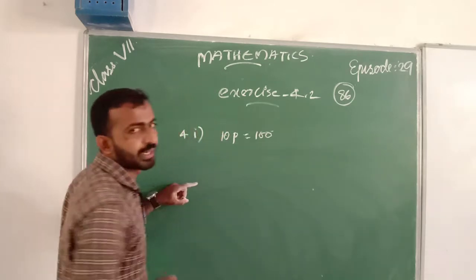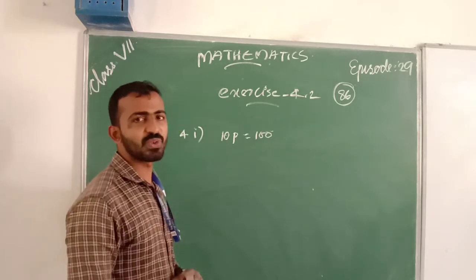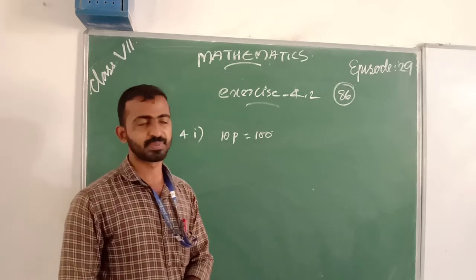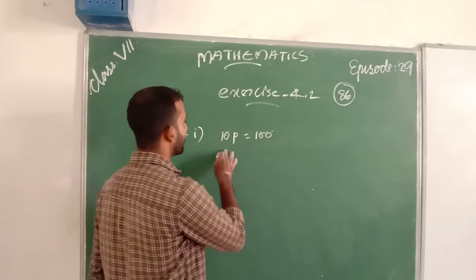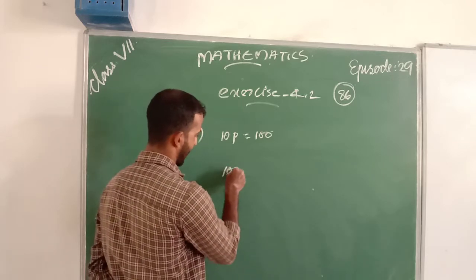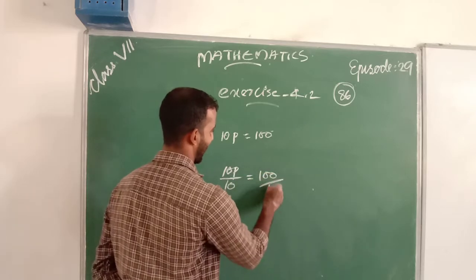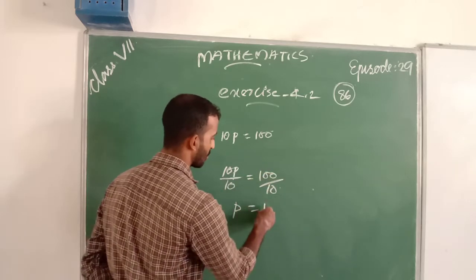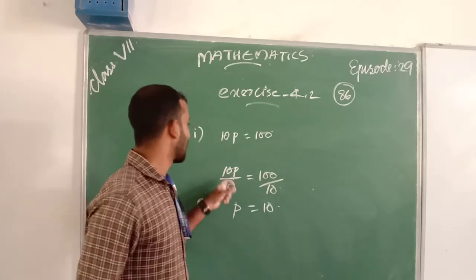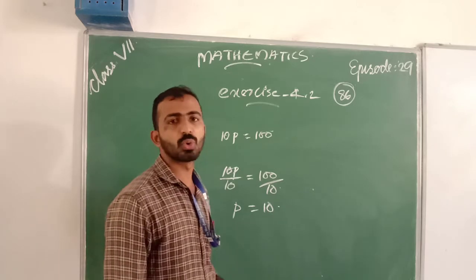Here, which way do we solve? We already studied step by step. So we divide by 10 on both sides. That is 10p by 10 equal to 100 by 10. That is p equal to 10.